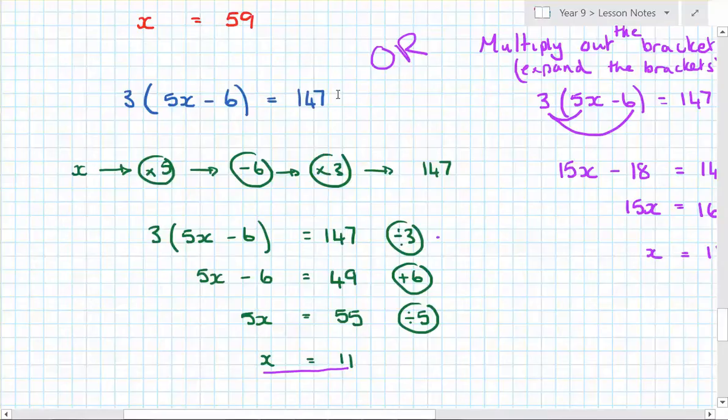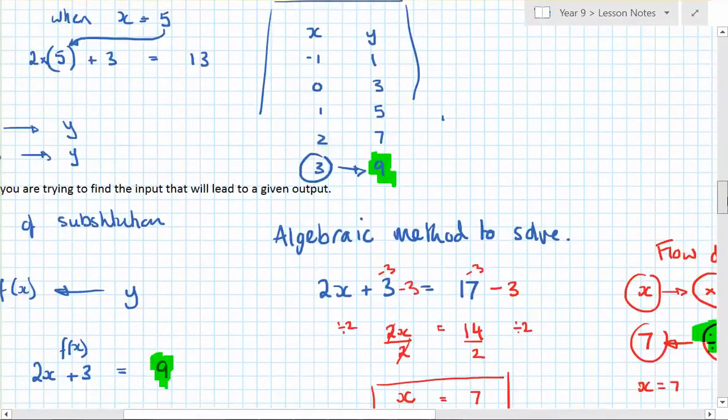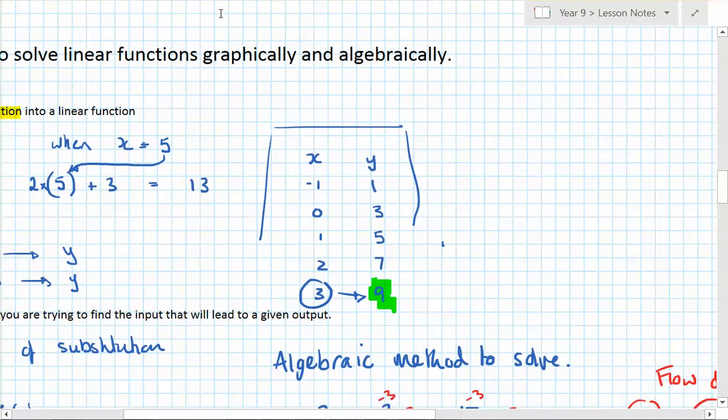But what we had before was that the answer. So this, an x goes in, and a number comes out, right? And that's how I think right from the beginning we had that whole solving linear.